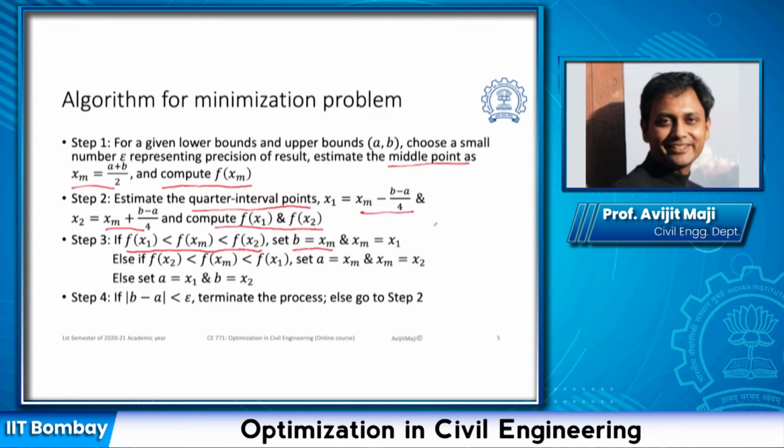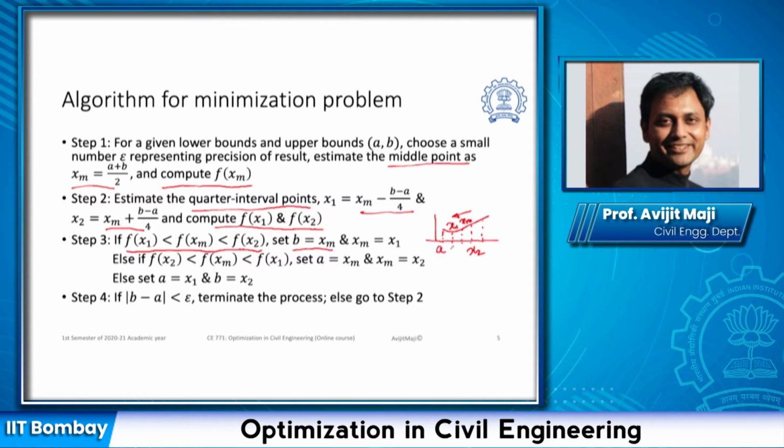So in this case, if we look into the objective function values at 3 points, which are here and here, as we can see, our objective function is reducing in this region.